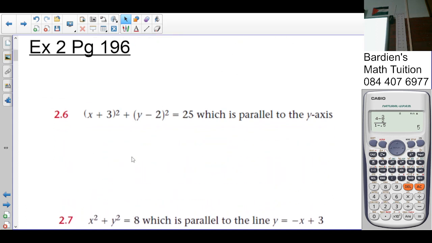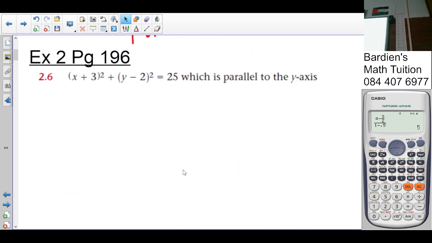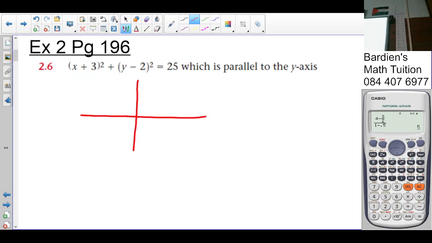Look at the next one, which is parallel to the y-axis. Okay? So again we draw. If things don't make sense to you people, you draw. So it's going to be negative 3 and 2. What's the radius of the circle? 5.